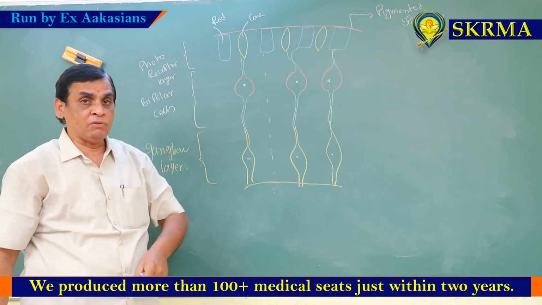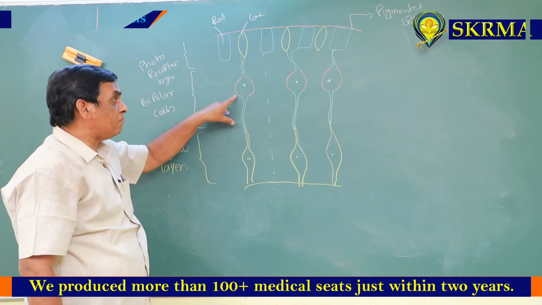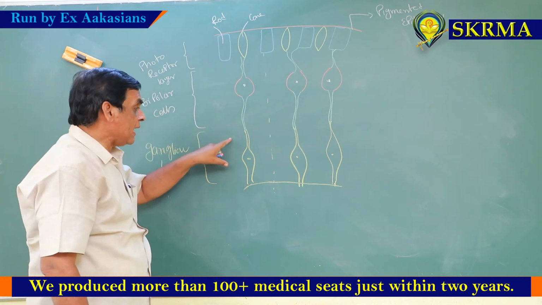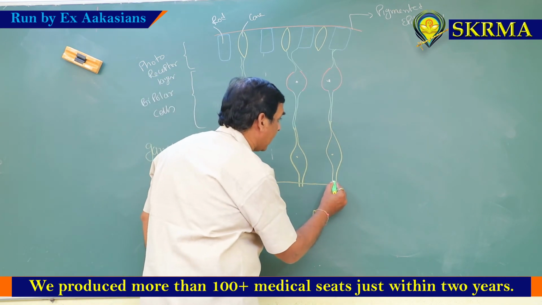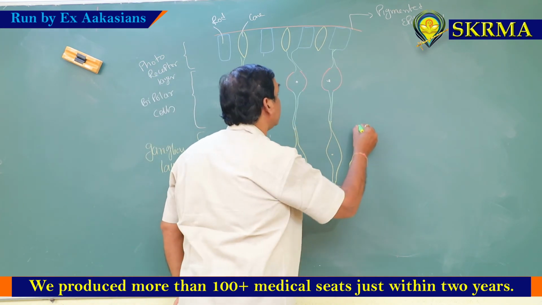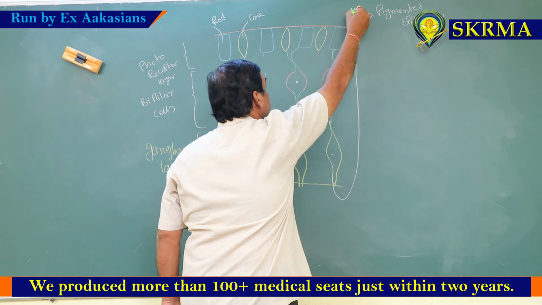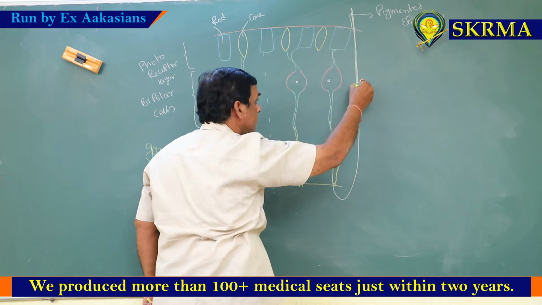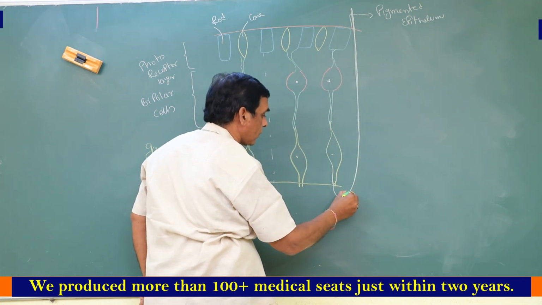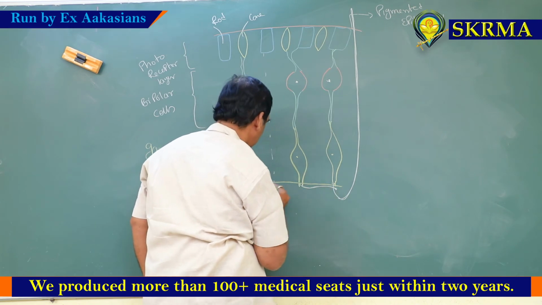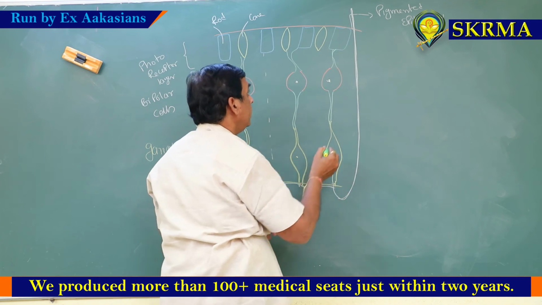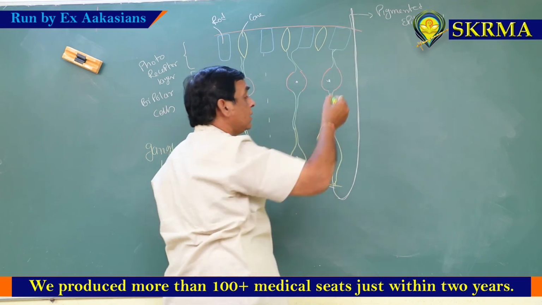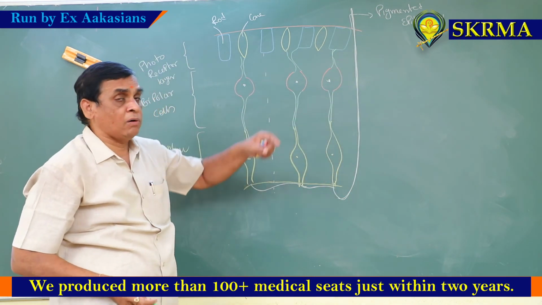The developed nerve potential passes through the bipolar neurons and then into the ganglion cells, and from this area a nerve moves backward. Now through the retina the nerve is moving out.